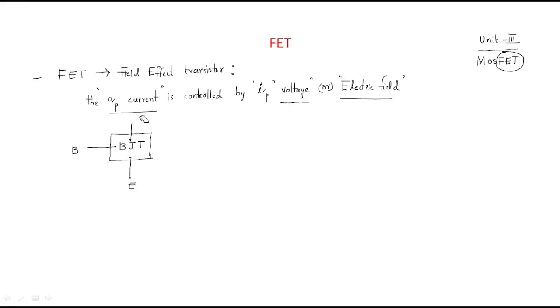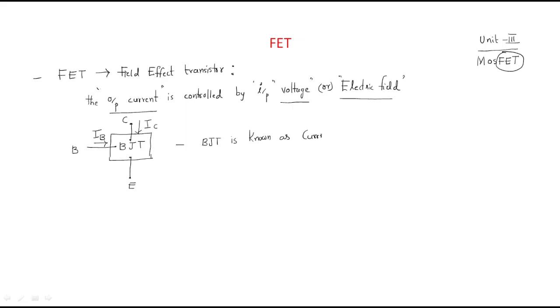We already discussed this BJT. The collector current is known as the output current, and this current is controlled by the base current. That's why this BJT is known as a current control device.